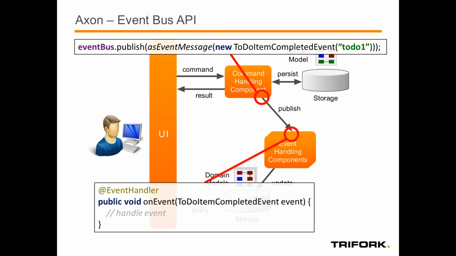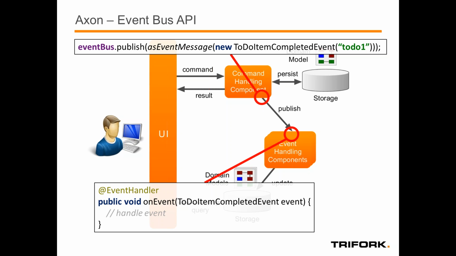On the event bus, it's very similar. Although a command is really dispatched to exactly one component, events are published to whichever component is interested in handling it. So what we can do, again here, is publish an event, and it's a void method. There's absolutely no indication where these events are published. All you say is, I want to get that message out of here, and I don't care how that's being handled further downstream.